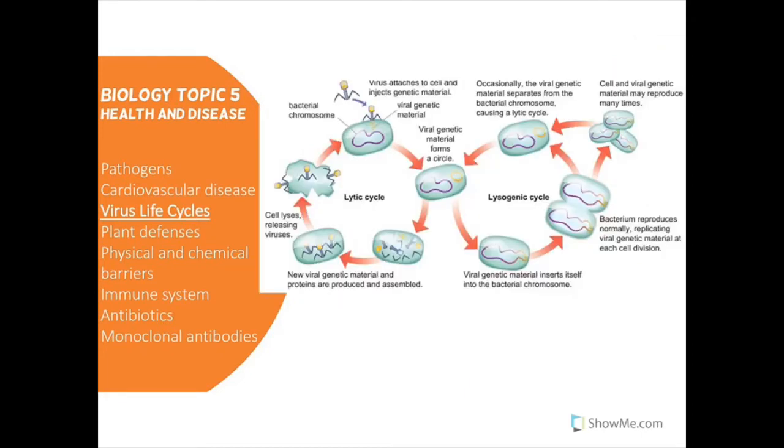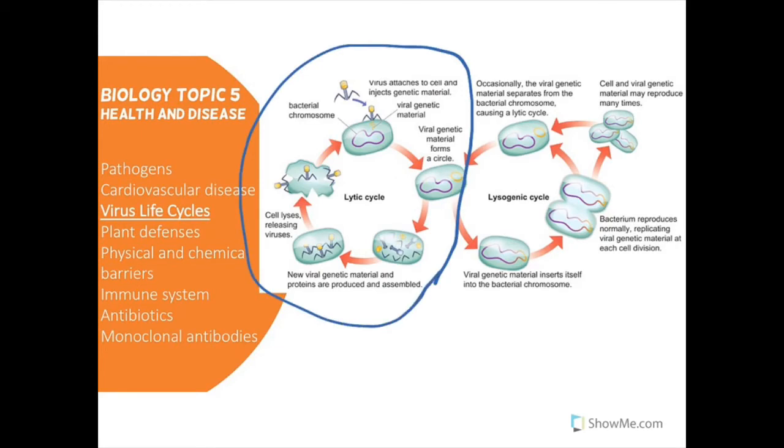So now we're going to look at the life cycle. The first one we're going to look at is the one on the left here, the lytic cycle. And lysis means to split. So what happens? Well, the virus has to attach to the host cell. This diagram here is a virus which is infecting bacteria.